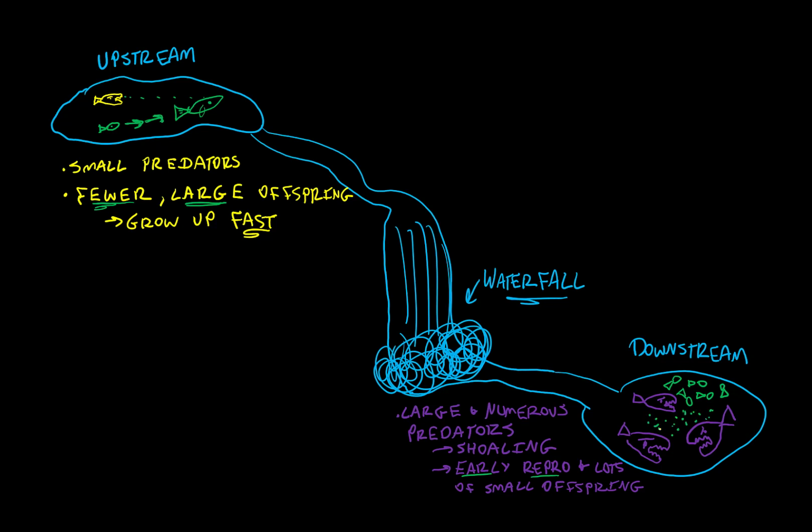Tons and tons of them. The reason for this is the odds of any single one of these offspring surviving is pretty low. With this many predators around, a lot of your offspring are going to get gobbled up before they have a chance to grow up. You produce tons of them in the hope that at least a few survive. Because you're producing so many, you can't invest that much energy in any individual one, which is why they have to be small. Okay.